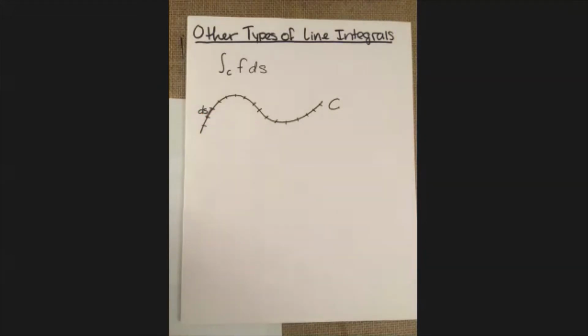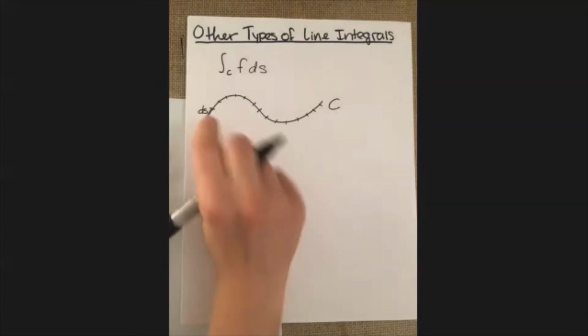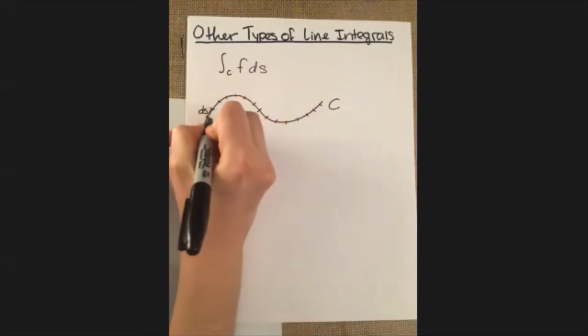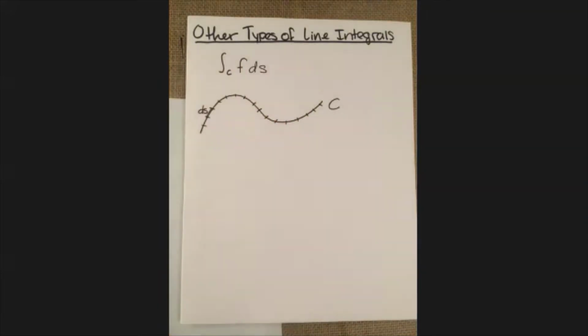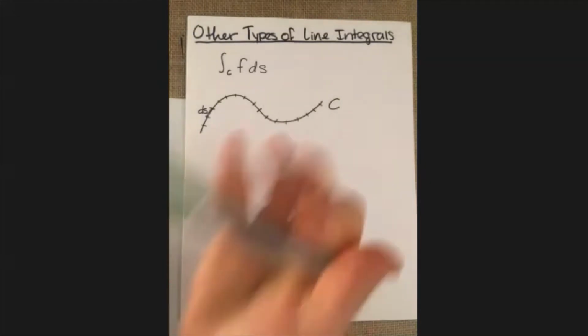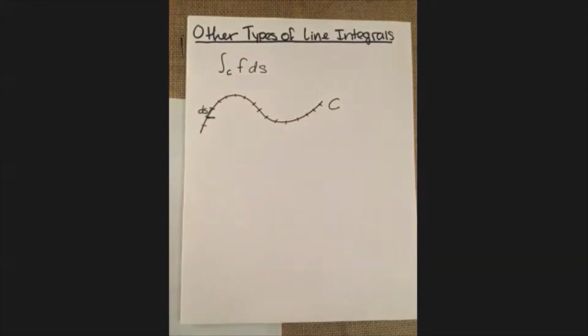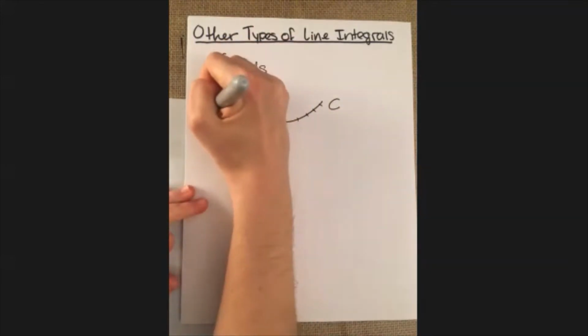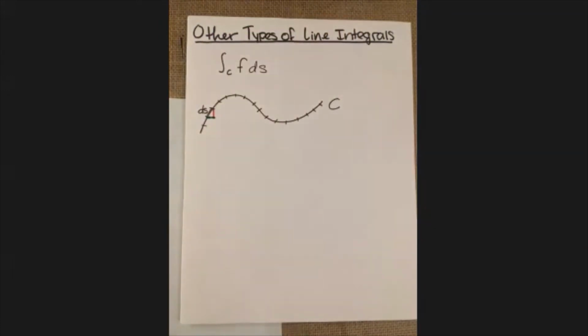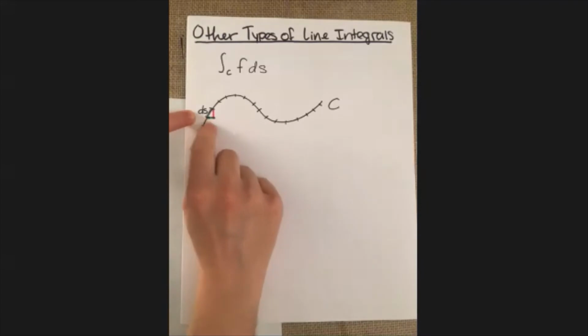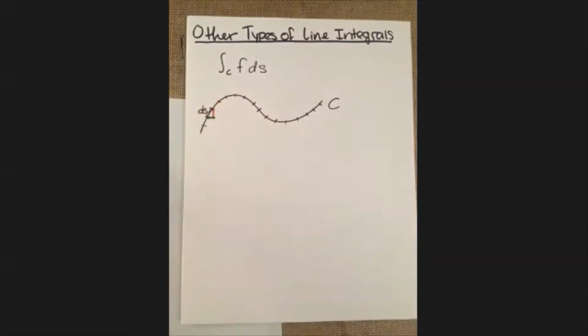But a more fundamental question is, how is ds actually determined? Where does that come from? Well, in this curve here, we can think about it as having a horizontal component, an x component, like so. And then it also has to move upwards, so there's a y component as well. We're looking at a really small scale here, so we can think about this as almost a right triangle.